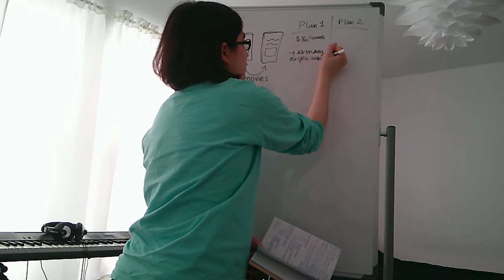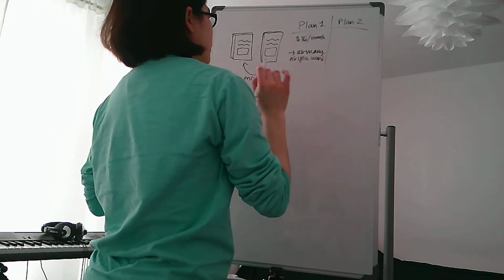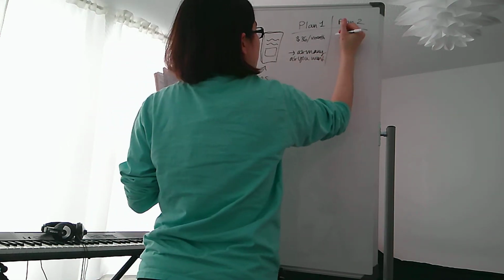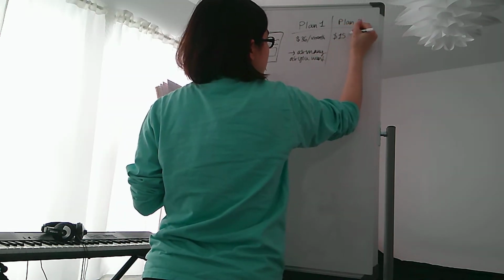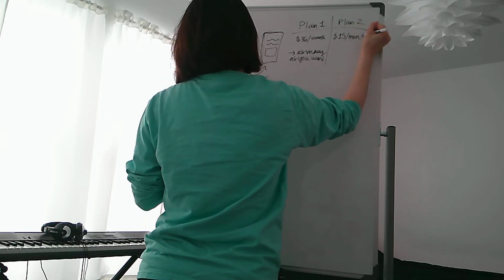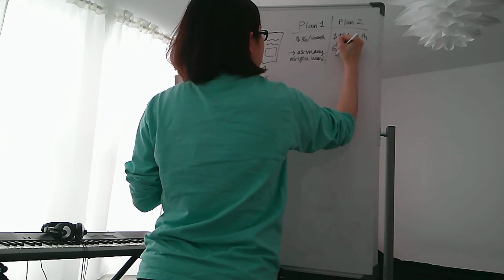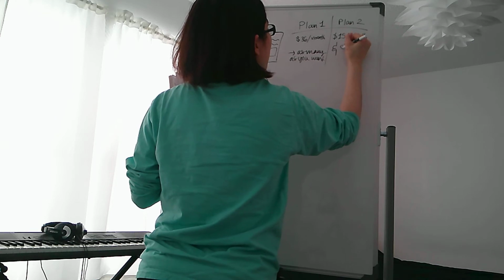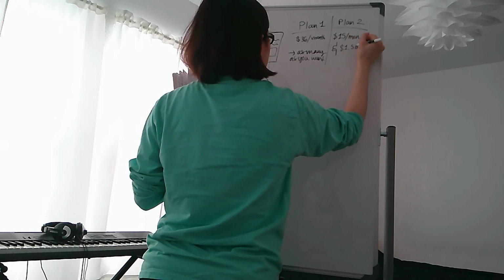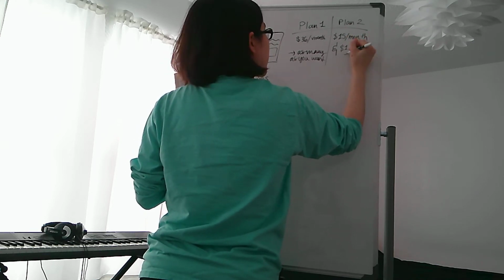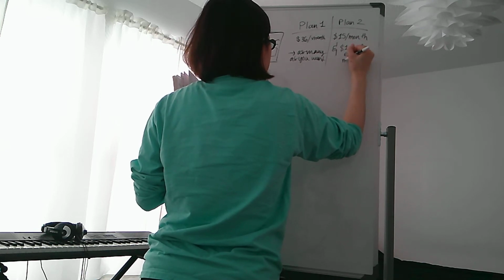Plan 2 is that you pay $15 a month, and $1.50 for each movie. So these are our two plans.